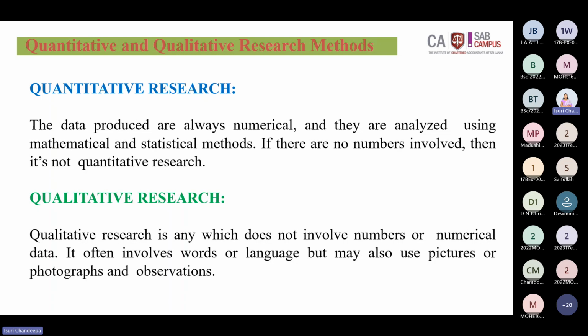Most probably it involves words or language, but may also use pictures, photographs and observations. Most probably we are taking views, beliefs, etc., to describe an individual's perception or individual characteristics.